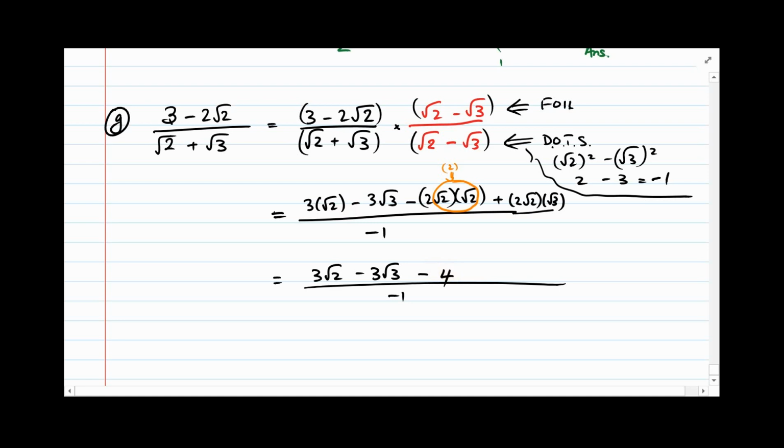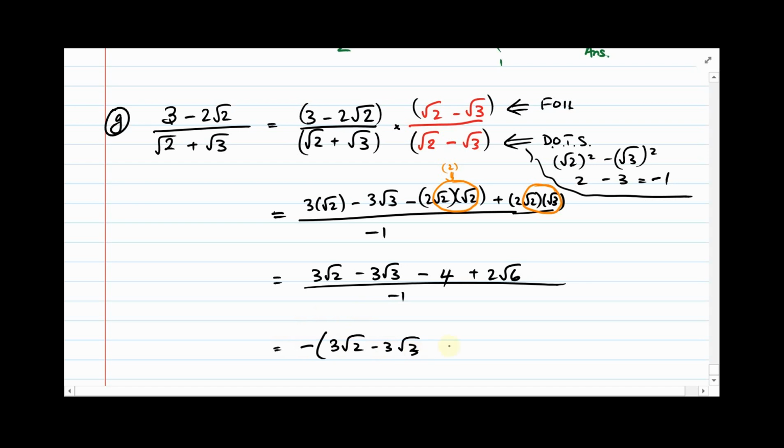And the last term, again, if we simplify here, root 2 times root 3, we are just going to combine these terms under one root, and we end up with plus 2 root 6. Everything has a negative sign from the denominator, and there are no like terms in the numerator.